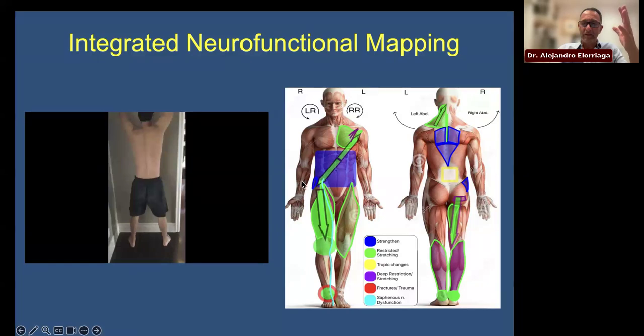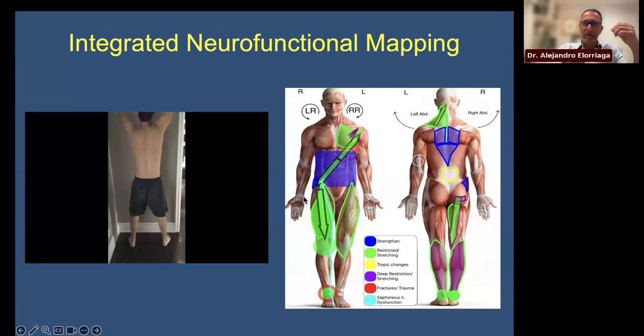And this is what visually you should come up with after a good assessment that I call neurofunctional mapping, where you would have, let's say here, the right ankle is an area that suffered trauma in the past and that still has some residual restriction due to that. This is very common. Then you have an area that has quite a change in tensional behavior, is very tight.